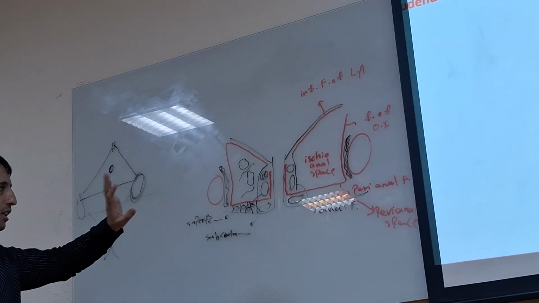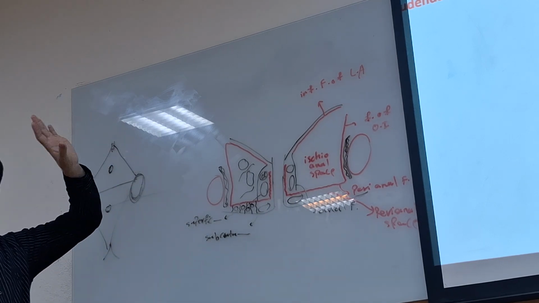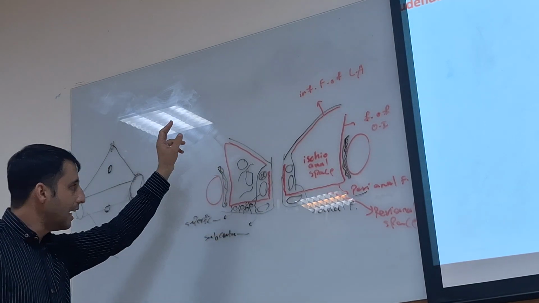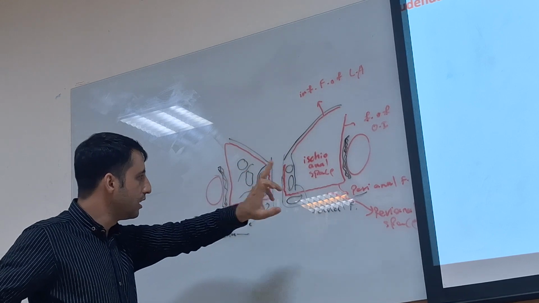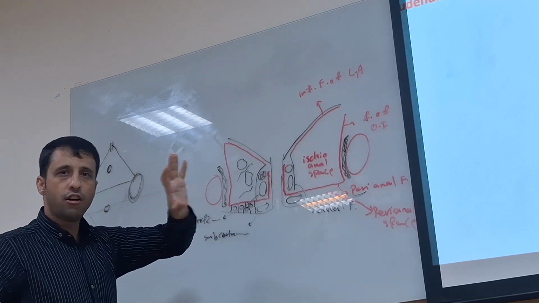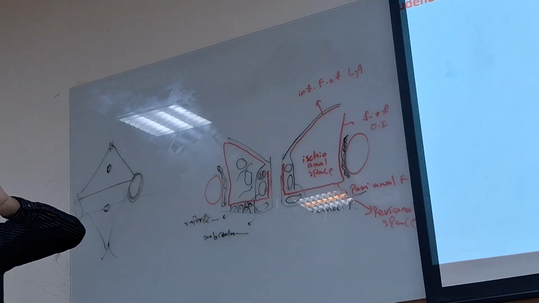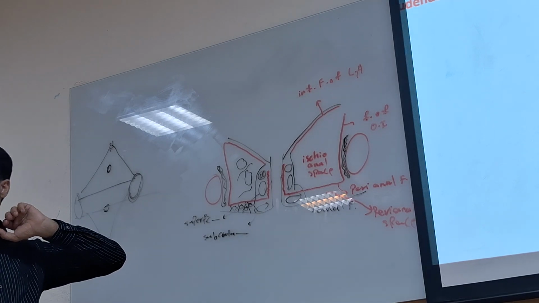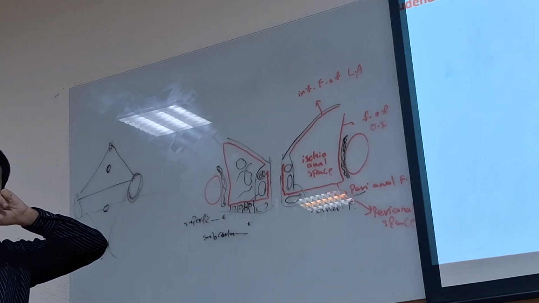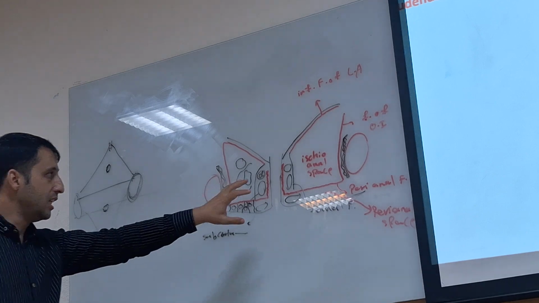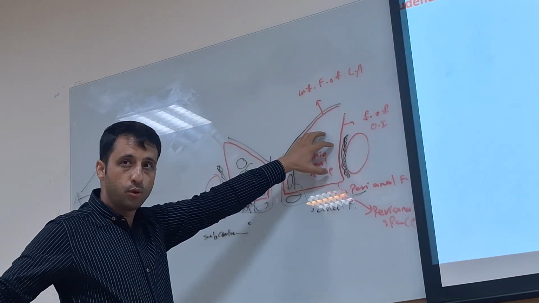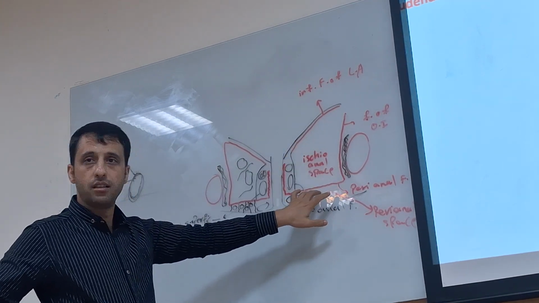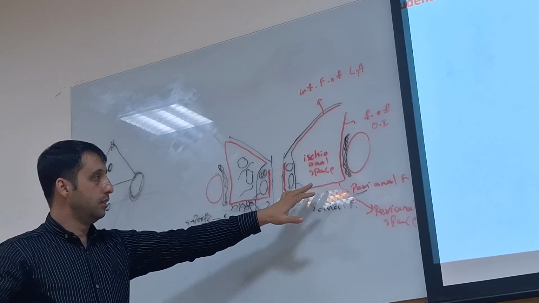So, what do you think, if the patient has inflammation at this space or this space? Which of them is more painful? The superficial one near the skin? The inflammation at this area is painful, or this area? No, I think internal and deep is more painful.